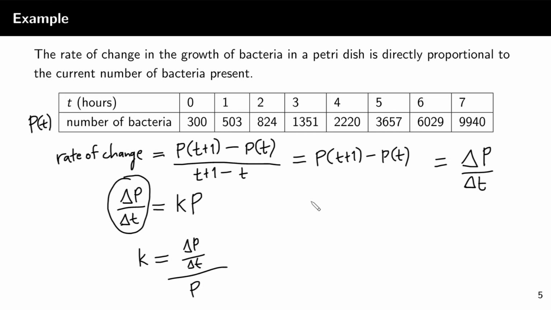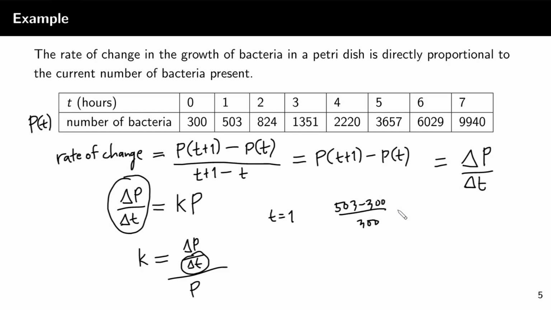So, when T is equal to 1, ayan, yung delta P natin, of course, yung delta T natin is just equal to 1. 1 lang to. So, delta P will be 503 minus 300 divided by 300.